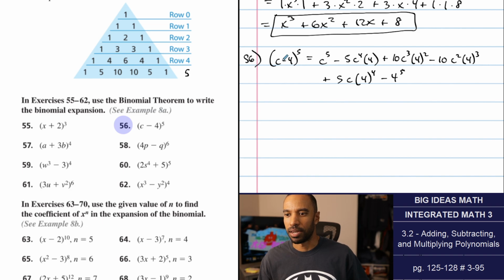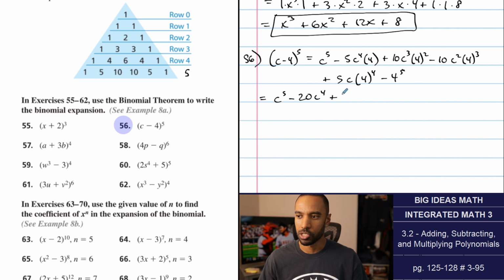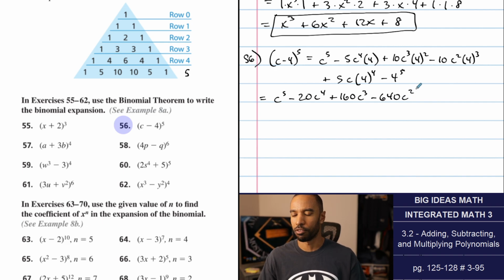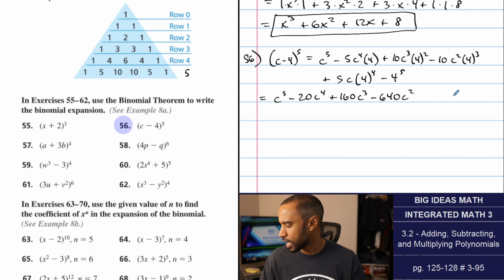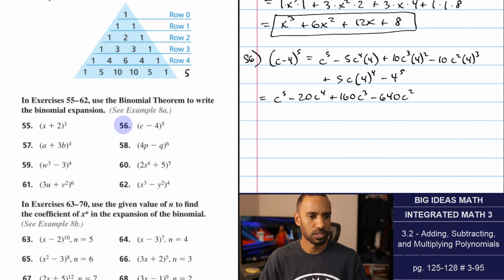Okay. So again, that would have been 5 choose 0, 5 choose 1, 5 choose 2, 5 choose 3, 5 choose 4, 5 choose 5. 5 choose 5 is 1, by the way. So this equals c to the 5th minus 20c to the 4th plus 160, that's 4 squared times 10, c cubed. 4 cubed is 64, so minus 640 c squared. 4 to the 4th is 256. 256 times 5 is 1280.